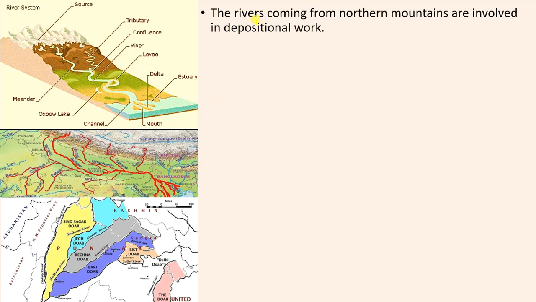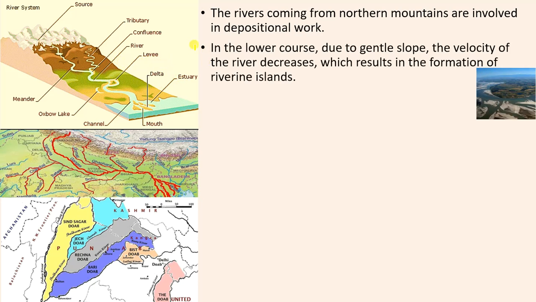The rivers coming from the northern mountains are involved in depositional work. When the rivers come from this mountain region to the lower plains, on the way they do their depositional work, and because of that they form different types of land features. In the lower course, due to gentle slope, the velocity of the river decreases.